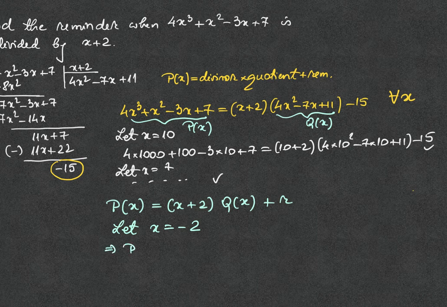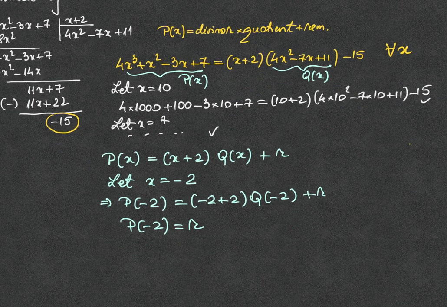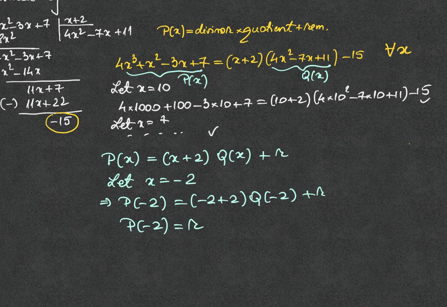Therefore, p of negative 2 equals negative 2 plus 2 times q of negative 2 plus the remainder. So p of negative 2 equals the remainder. This tells me that if in p I choose x equals minus 2, I get the remainder.